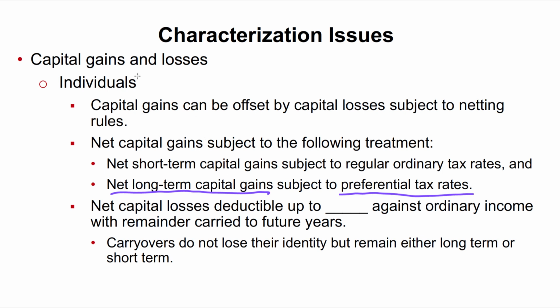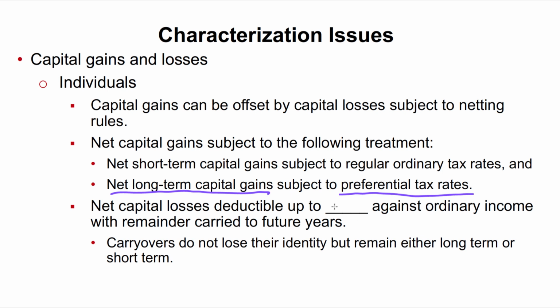So individuals, capital gains and losses, the rules are capital gains can be offset by capital losses. A net short-term capital gain is subject to regular ordinary tax rates. And net long-term capital gain is subject to preferential tax rates. Again, we just talked about that. Now, net capital losses for individuals, after offsetting capital gains, you can also use up to $3,000 against ordinary income.